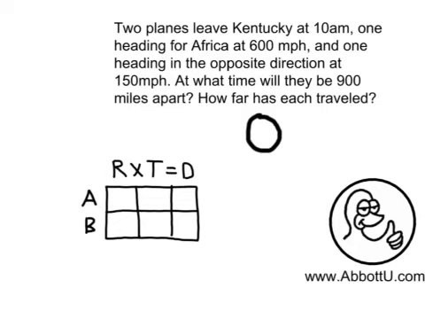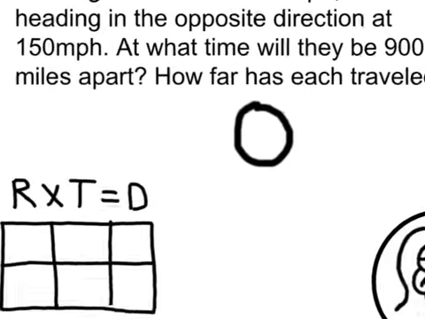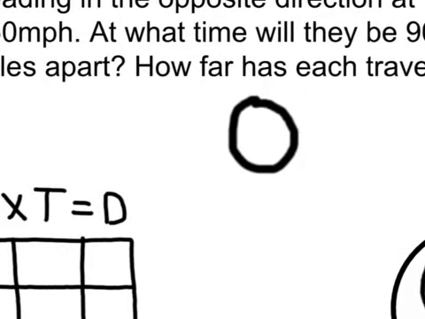And we've got plane A leaving that circle and heading from Kentucky towards Africa. So plane A is heading east. So how that will translate visually is I'm going to draw this nice little divider right here. And plane A is leaving Kentucky, heading east. Bam. Plane B is leaving Kentucky, heading in the opposite direction according to the problem.